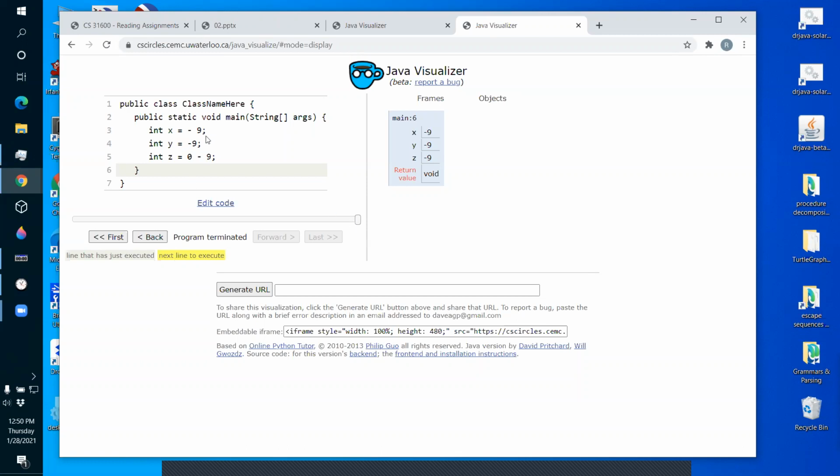Now Java uses the same symbol. What makes this one negation and this one subtraction?